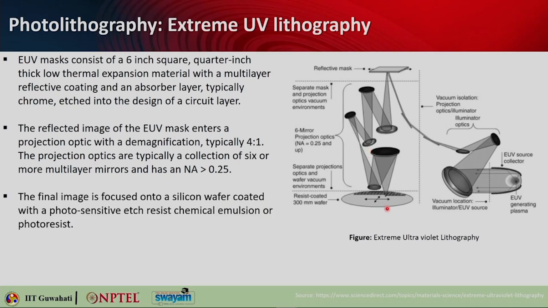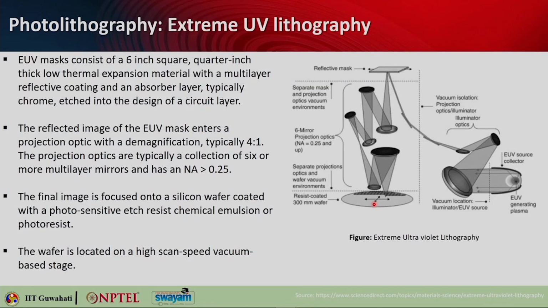The final image is focused onto a silicon wafer coated with a photosensitive etch-resist chemical emulsion, or simply photoresist. This part also is located on a high scan speed vacuum based stage, where the wafer will be positioned. Here you can see this part shows the vacuum isolation, so this is also in vacuum. Now, where this is useful, we have discussed.